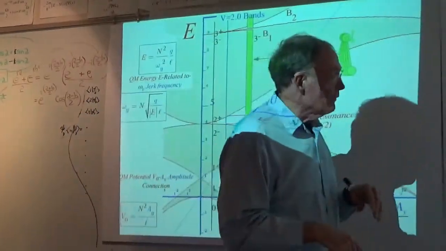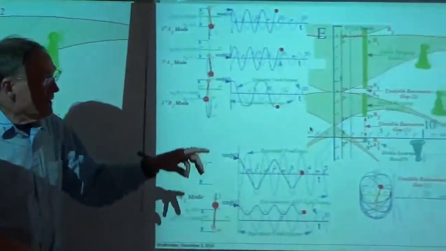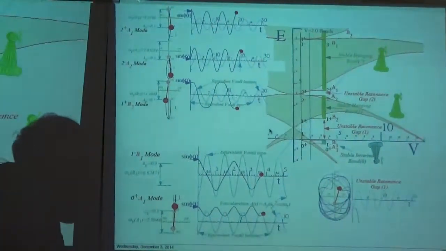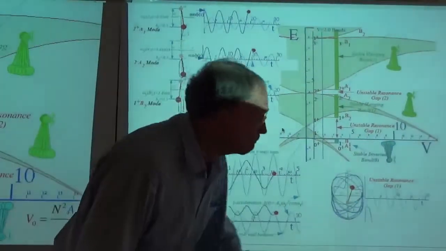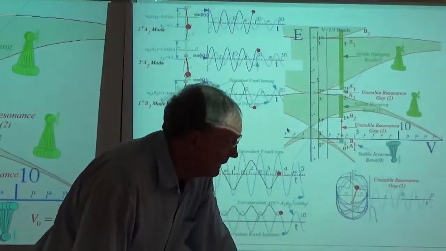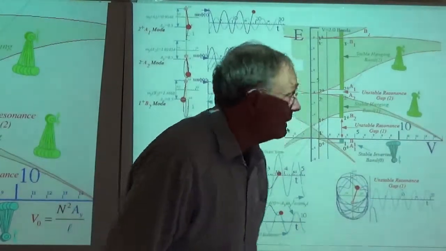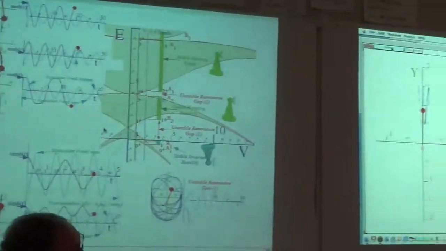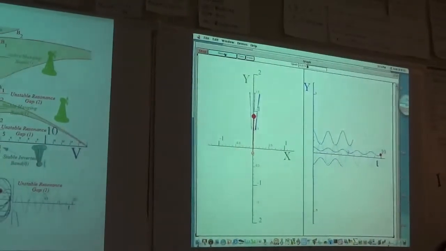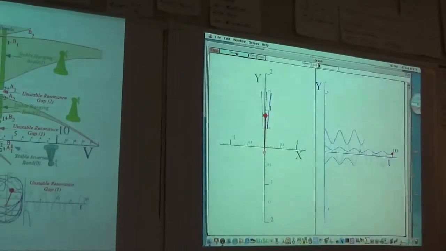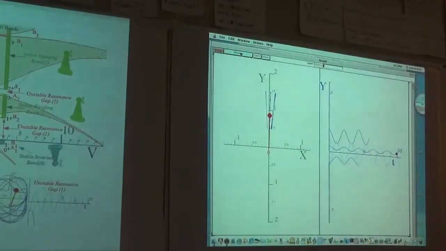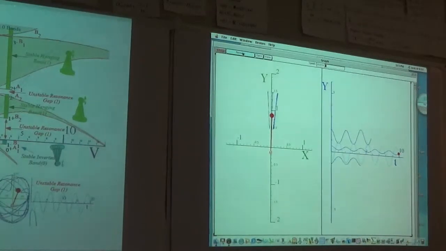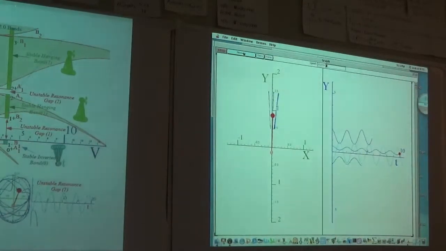So let's go over here, and now we're going to be looking at the screen to the right of this screen, in which you see already a picture of a potential in light blue and a wave function that could live in that potential in the case of a crystal.